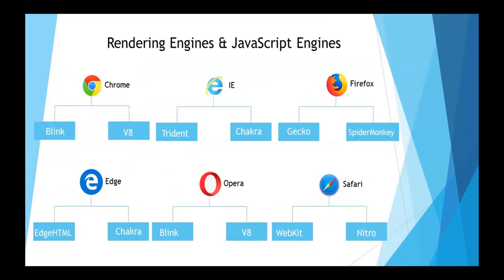Internet Explorer uses Trident and Chakra. Firefox uses Gecko and SpiderMonkey. Edge very recently updated to Chromium, the latest engine used by Edge; it also used Chakra and EdgeHTML. Opera also uses Blink and V8. Safari uses WebKit and Nitro.